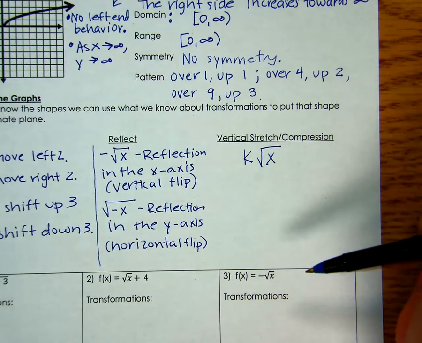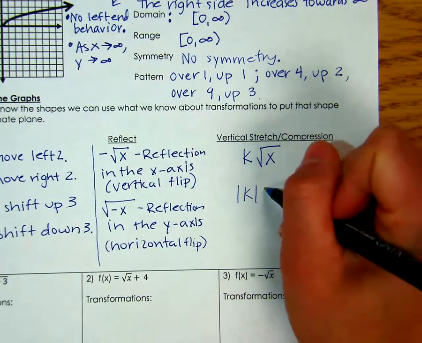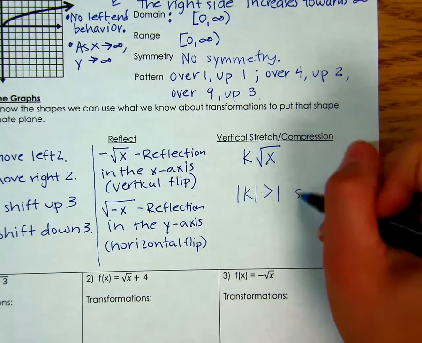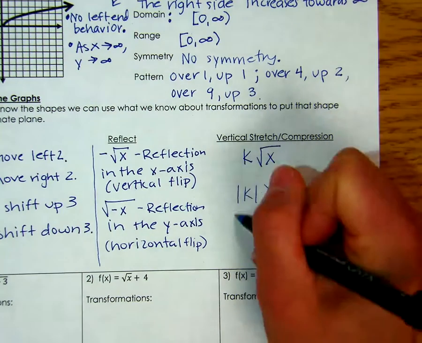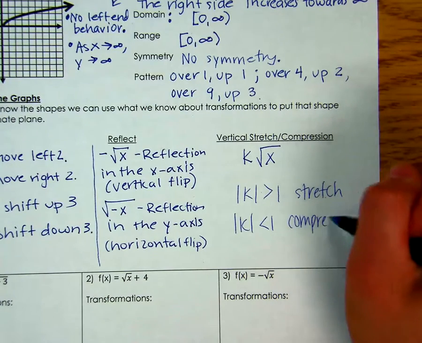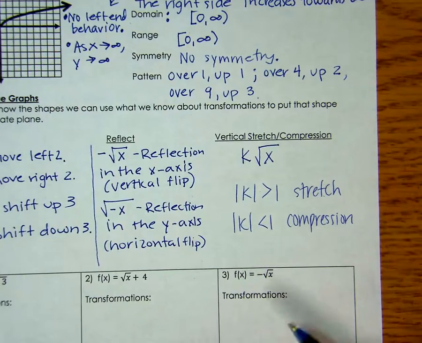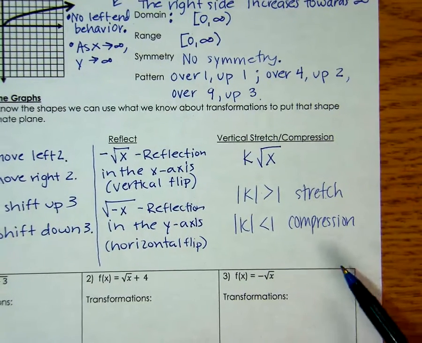Just like before, if the absolute value of k is greater than 1, we'll see a stretch, and if the absolute value of k is less than 1, we'll see a compression. And the reason we're using the absolute value is because the negative values don't determine a stretch or compression. The negative values determine whether there's a reflection or not.